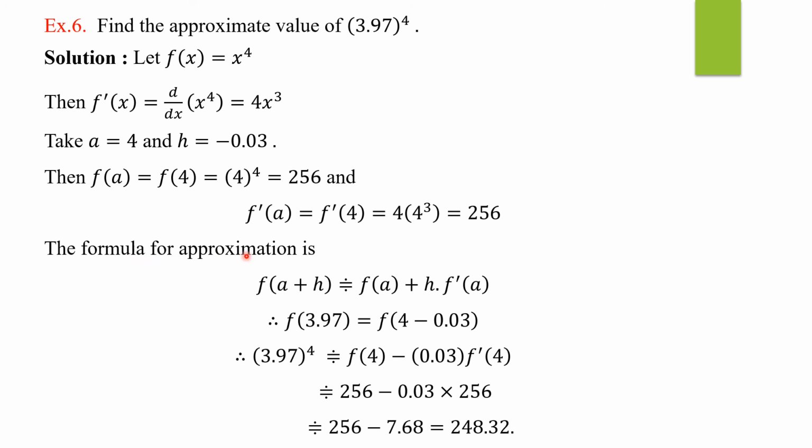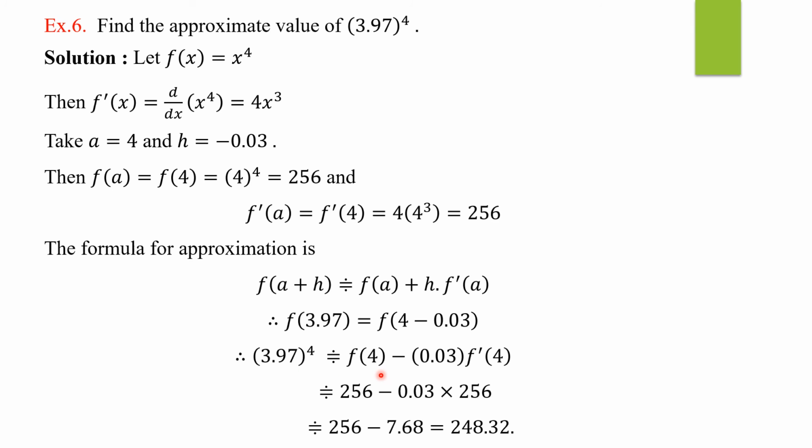The formula for approximation is f of a plus h is equal to f of a plus h into f dash of a. The value of f of a plus h, meaning 3.97, is split as f of 4 minus 0.03. f of 3.97 is equal to 3.97 raised to 4, as we take the function x raised to 4.